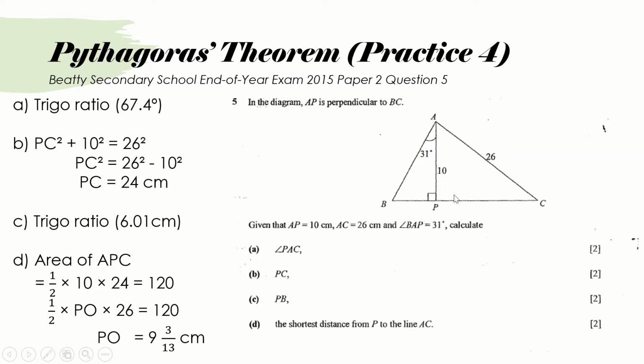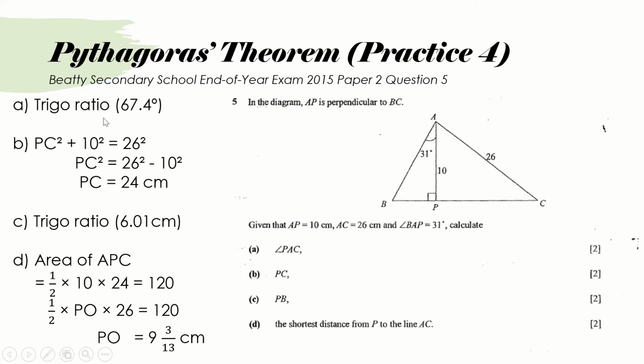So half times PO times 26 must equal 120. So calculate this, you can find that PO, the shortest distance, is equal to 9.23 centimeters.